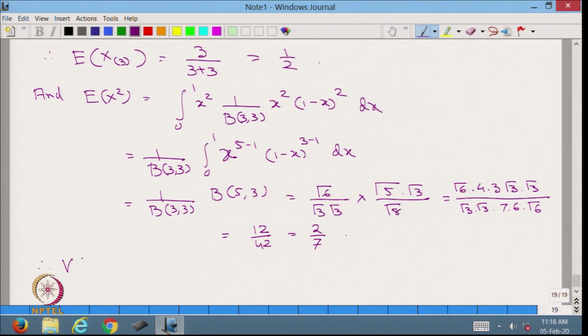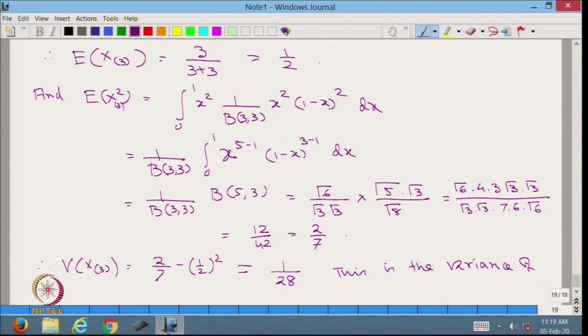Therefore, the variance of X3 is equal to 2 upon 7 minus half squared, which is 1 upon 28. So, this is the variance of the third order statistic.